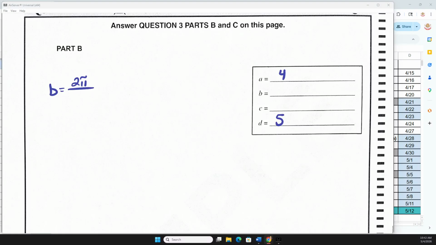Right, and then for B, you're going to need to remember that you're going to do 2 pi divided by the period. So our period was a half. How do you divide by half? You multiply by 2. Dividing by half is multiplying by 2 every single time. Taking half is a totally different situation.